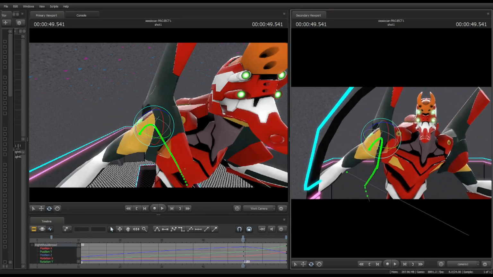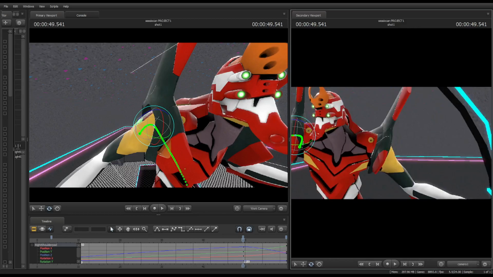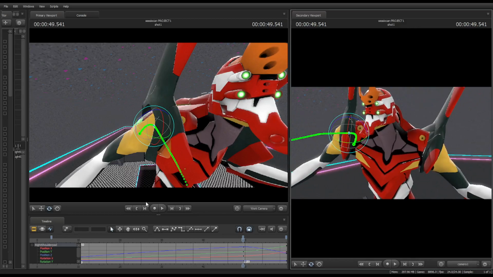And we can move this camera to the right about there.